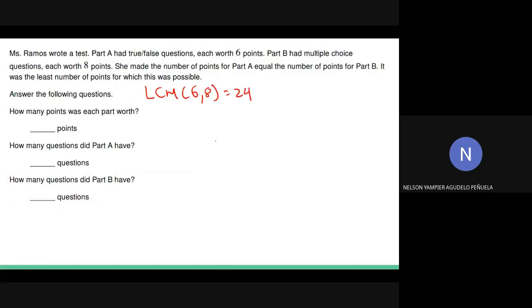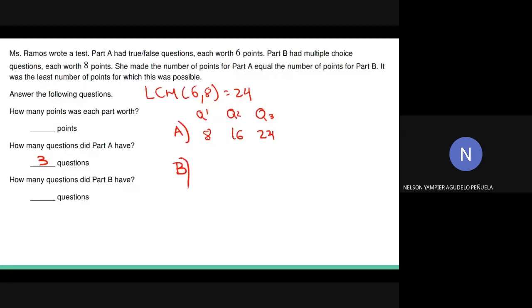What happens? Remember, this is section A, and each question was worth 8 points. So, question 1, 8 points. With 2 questions, 16 points. With 3 questions, we had 24.